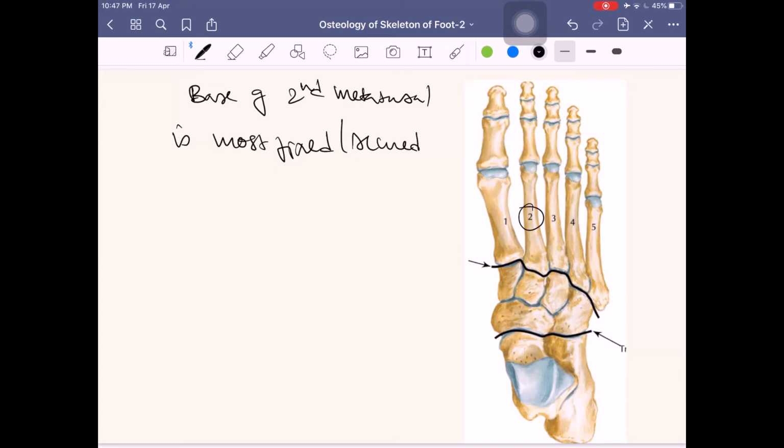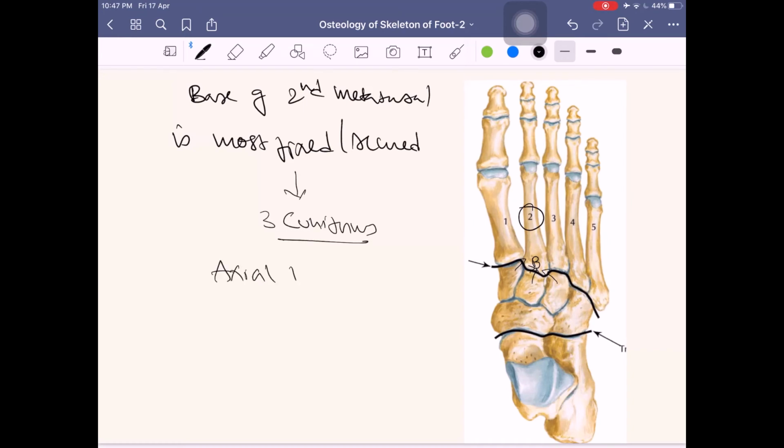The reason for this is that it fits into, you can see here, this is the base, and it is most fixed and secured because it is fitting into a socket which is formed by three cuneiforms. You can see this is 1, this is 2, this is 3. All three are securing its movement. Because it is fixed and secured by three cuneiform bones, it cannot move.